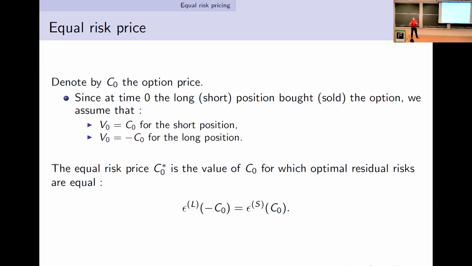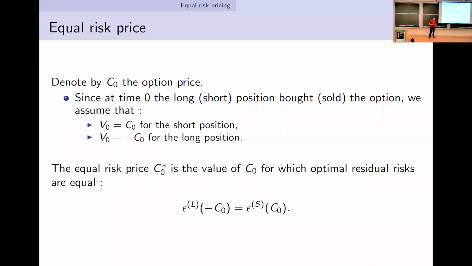Okay, and now what about this V0? What we're going to assume is that V0 for the short position is the option premium, because when you sell or write an option, you receive the premium, so you can use that as your initial portfolio value. Conversely, for the long position, you need to pay that premium initially, so we assume that the initial portfolio value V0 is minus the option premium.